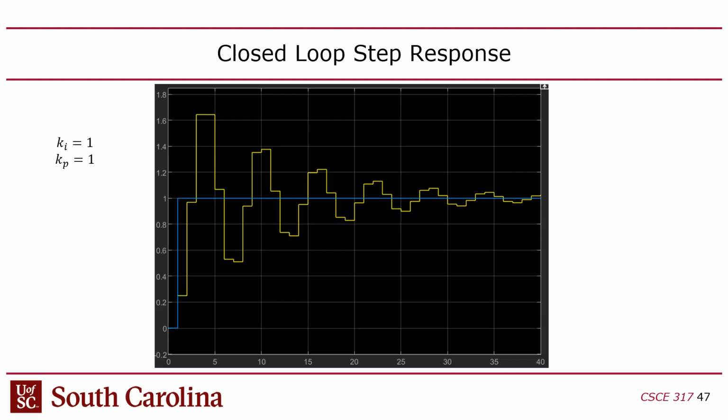But then I calculated the response of the closed loop transfer function in the Z domain, and it looks a lot different. It has a lot more oscillation. Remember that in the S domain, it just went up and overshot, and then it came down, right? In the Z domain, it's oscillating, but it's oscillating in like an 8-bit, discrete way, right?